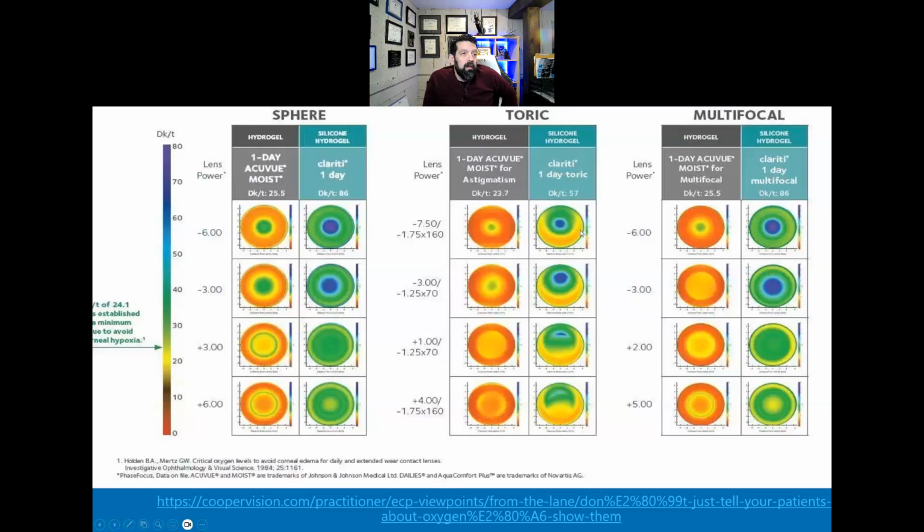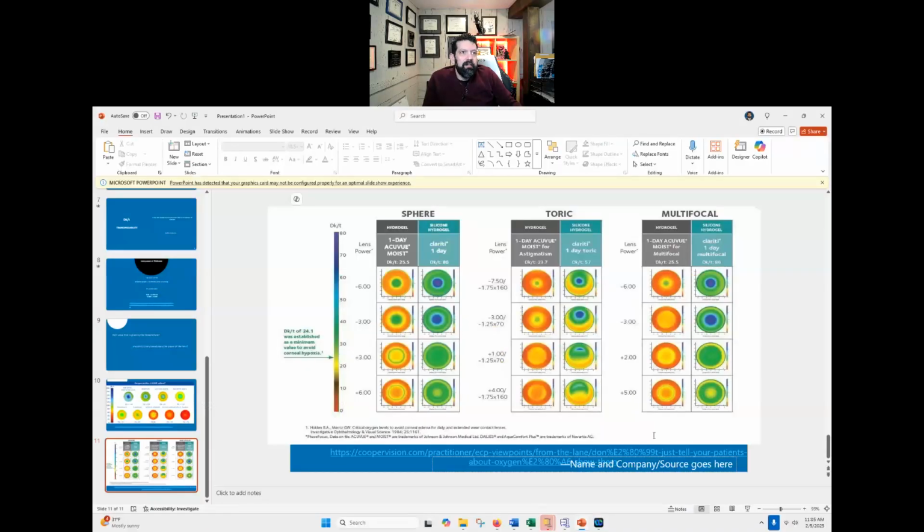The prism ballast keeps it from spinning, and this will keep the lens oriented correctly, but it's thicker there. So you have to remember, or at least keep under consideration, that parts of the lens are going to allow oxygen through to the eye less than other parts of the lens based on thickness. So that's, in a nutshell, a little bit more in depth than probably I was anticipating going.